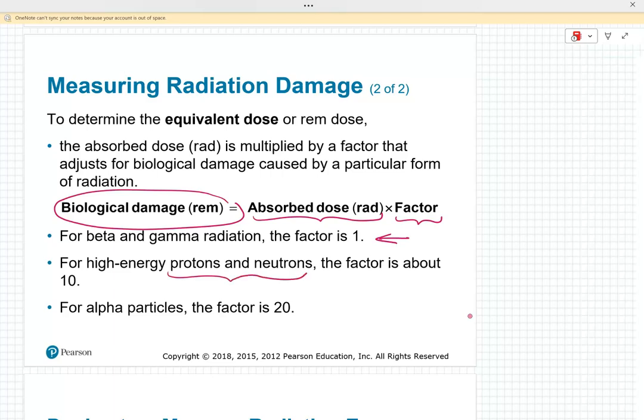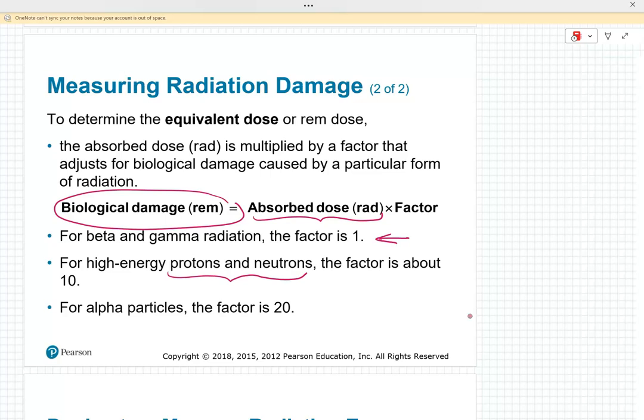Let me ask you this. Gamma radiation. Remember, we wrote down those symbols. What is the charge of the gamma radiation? 0. What is the mass? 0. It has high energy, but the mass is 0.